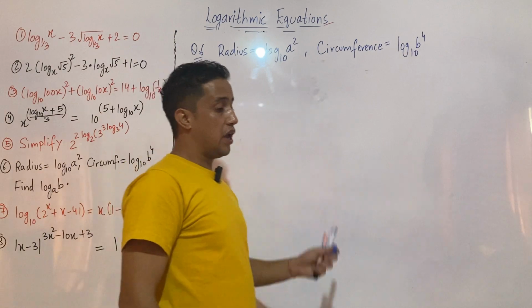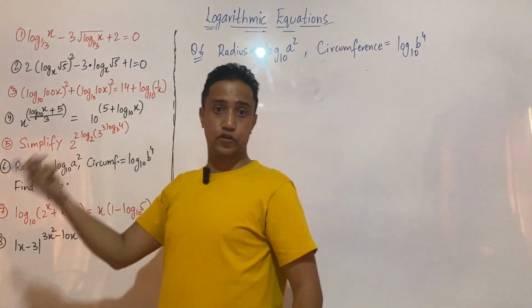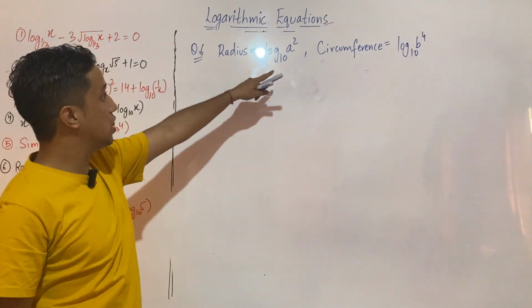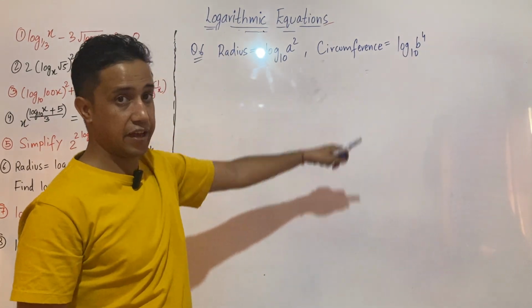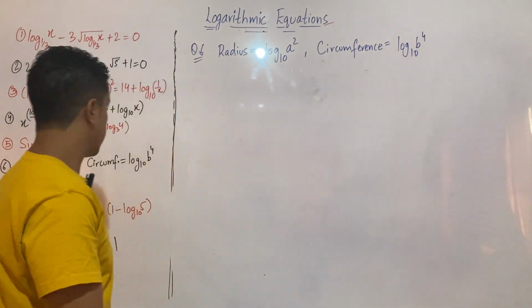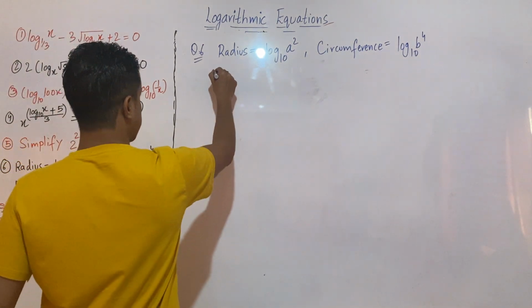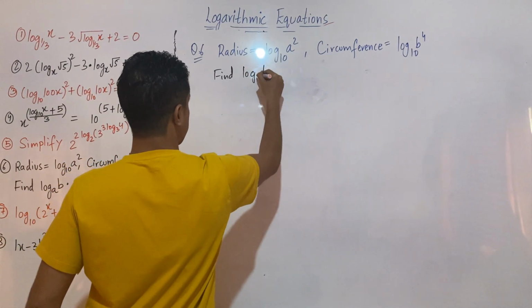The radius of the circle is given to be log of a squared to the base 10. The circumference of the circle is given to be log b raised to the power 4 base 10. So what we need to find is log b to the base a.